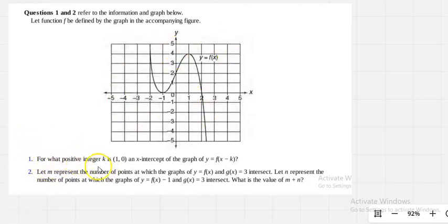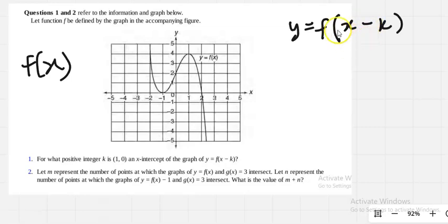For what positive integer k is (1, 0) an x-intercept of the graph of y equals f(x minus k)? So now, let this particular graph, the one we are given, be f of x.